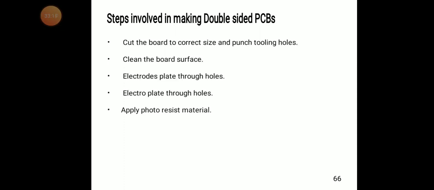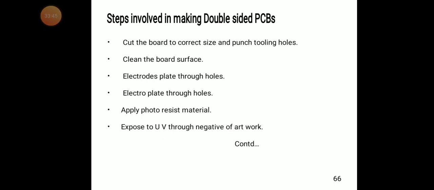Now try to understand the steps involved in making double-sided PCBs. Cut the board to correct size and punch tooling holes. Clean the board surface. Electroplate through holes. Apply photoresist material.